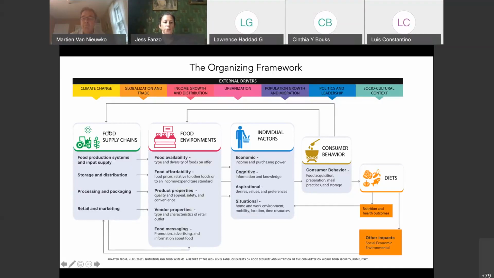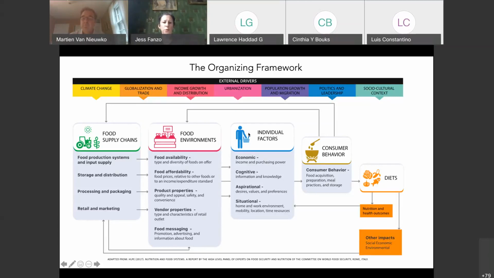So we looked for food supply indicators, we looked for food environment indicators. That's the place where you as a consumer go and walk into a market, a restaurant, or a cafeteria, and you make a decision about what you're going to buy or order. And of course, there's many different triggers that influence your decision making.